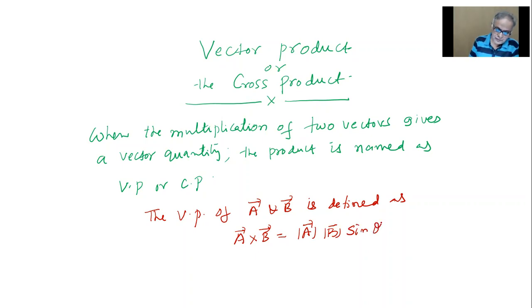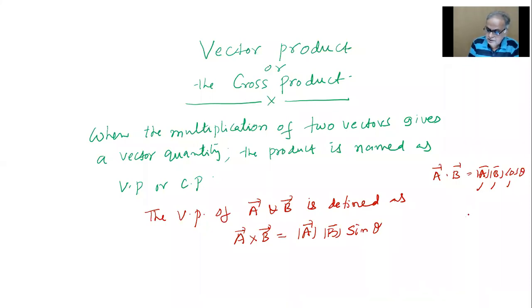Look, previously we wrote A bar dot B bar equals mod A mod B cos theta and left it there. Very reasonably so, because mod A is a number, mod B is a number, cos theta is a number, and this being a scalar, writing on the right hand side a number is meaningful.